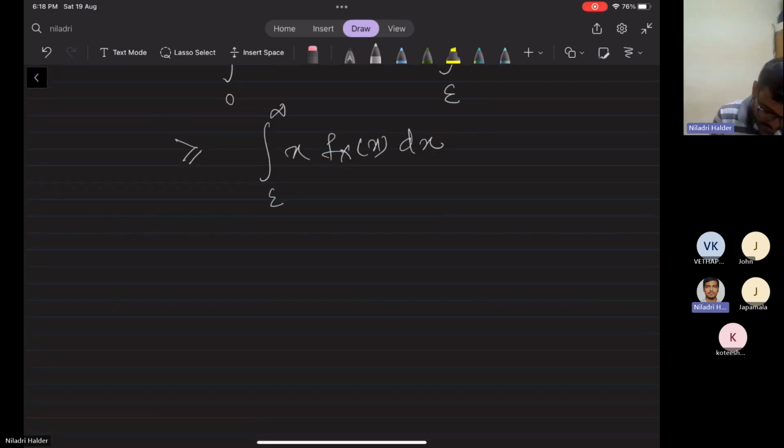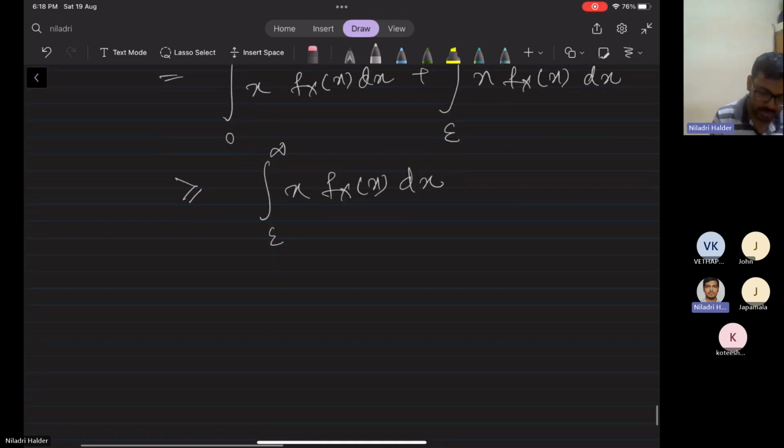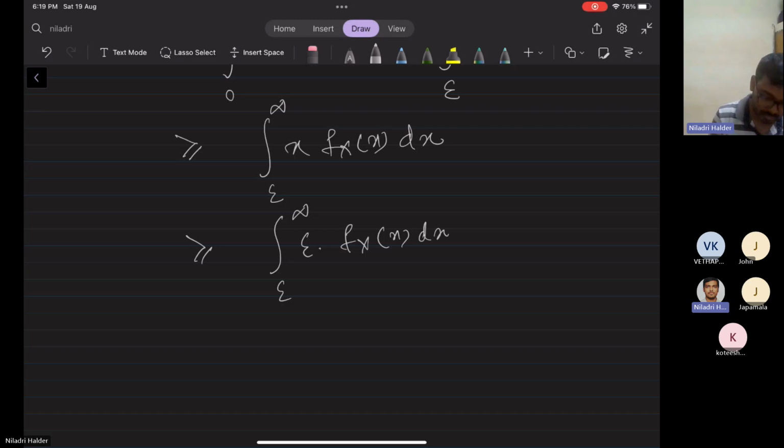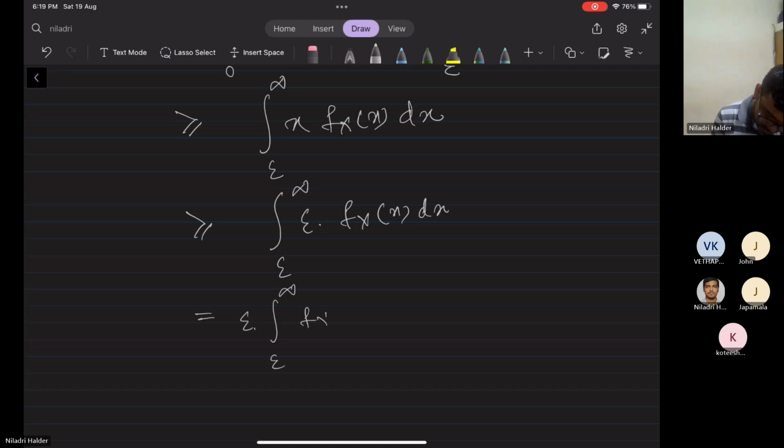Now x is more than epsilon in the remaining integral, so it is greater than or equal to the integral from epsilon to infinity of epsilon times f_X(x) dx, because I am putting in the lowest value of x.